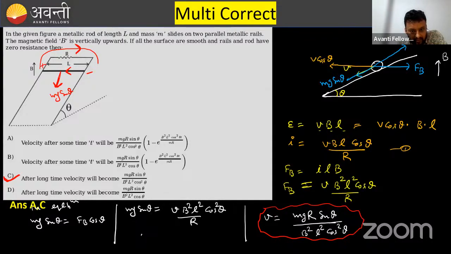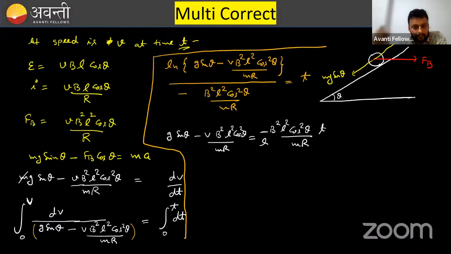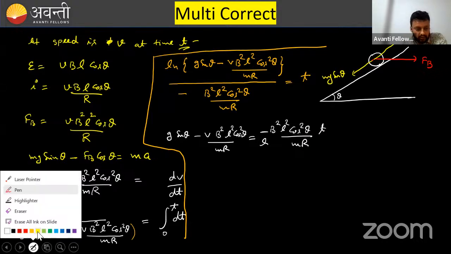1 minus e raised to the power something is coming. That means we need to create 1 from somewhere. If I need to create 1, I can do one thing.